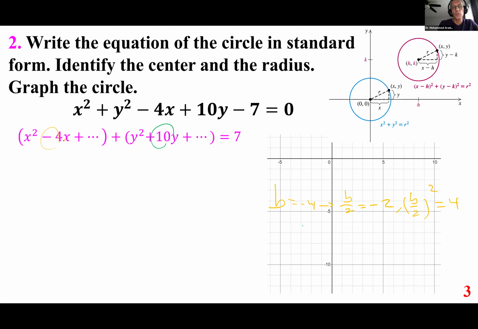For this one, b is 10, half of it is 5, squared you get 25. And that means we need 25 for this one. We're going to add it to both sides.